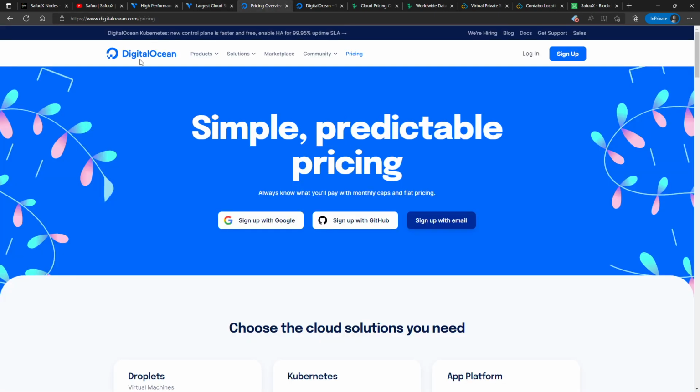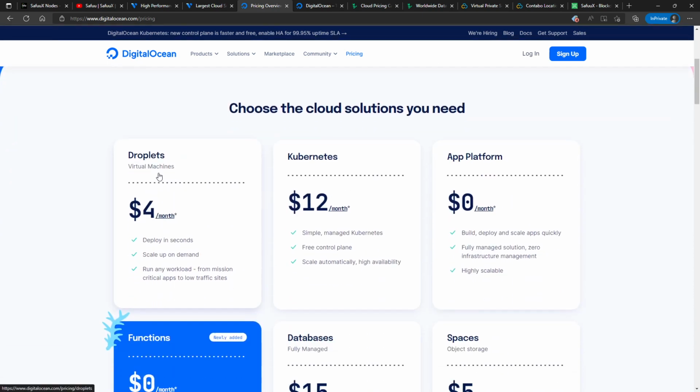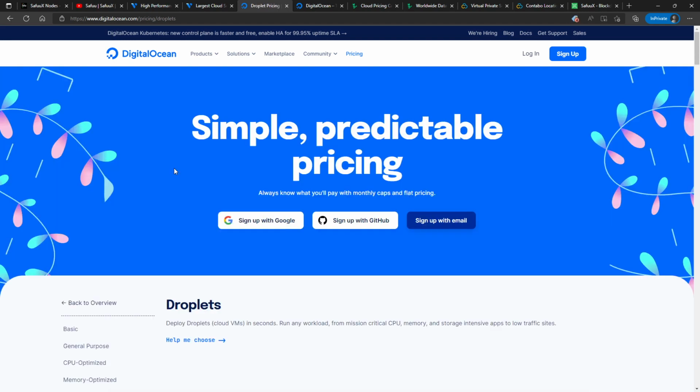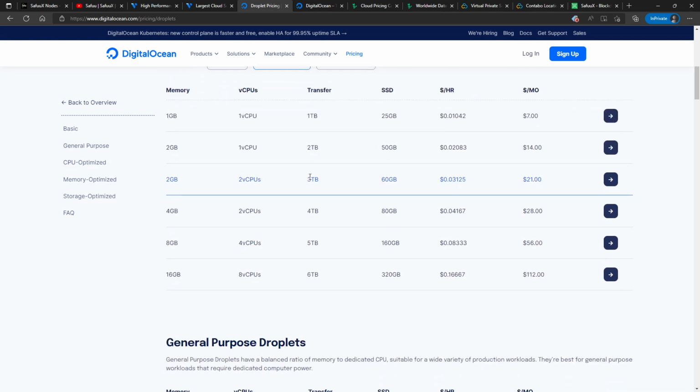The next one is DigitalOcean. I'm going to look at compute. They do it in what are called droplets, which are the virtual machines. If I go down here and select premium, that would map with high performance from the previous provider. Then I look down here and you can see 8 gig of physical memory, 4 CPUs.